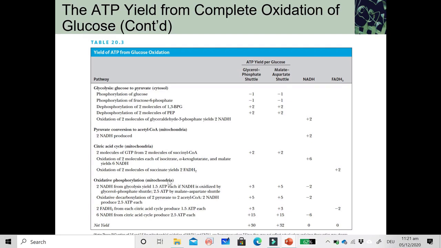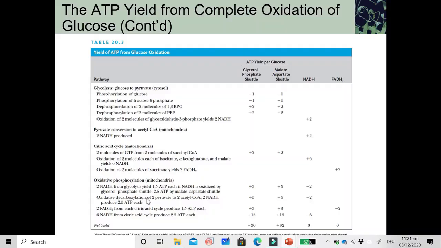So you have here 2 times 1.5. Where did this NADH come from? From the glycolysis, oxidation of glyceraldehyde 3-phosphate to 1,3-bisphosphoglycerate. So 2 times 1.5, it's plus 3. While if you use the malate aspartate shuttle system, you have 2 times 2.5, it's 5.